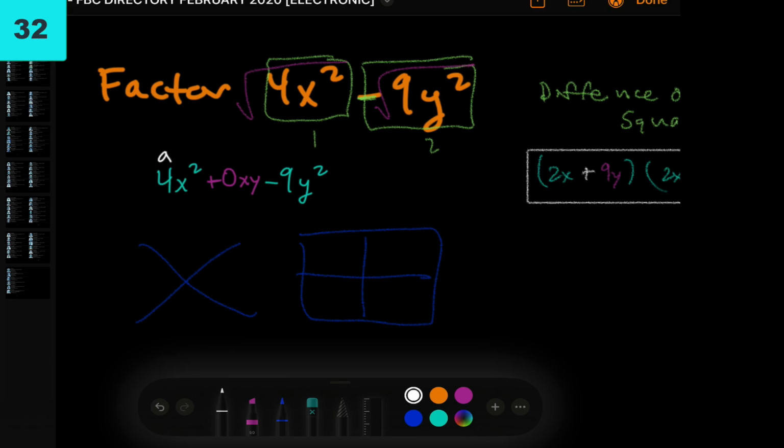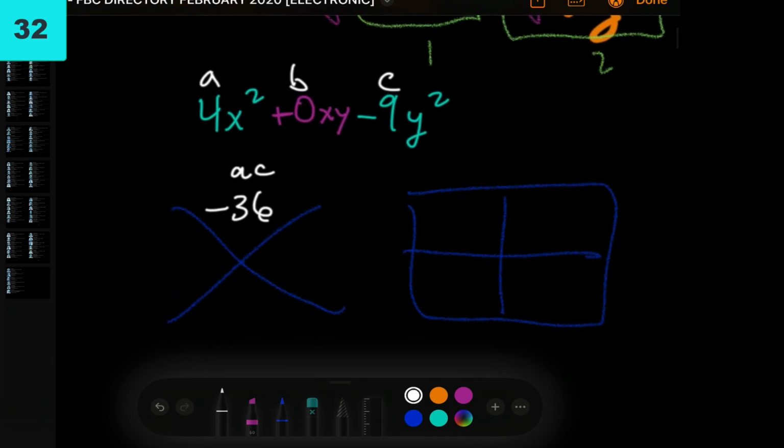Okay, A, B, C. So A times C is negative 36. My B value is 0. The two numbers that multiply are going to be 6 and negative 6. Those add to be 0.